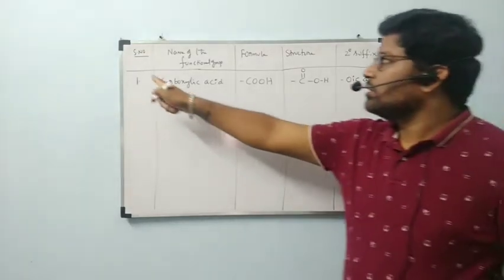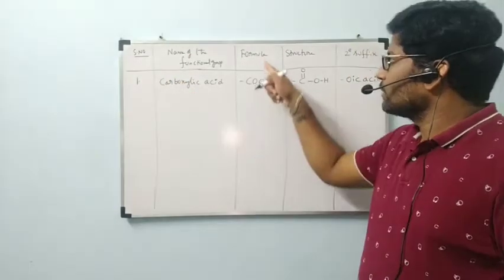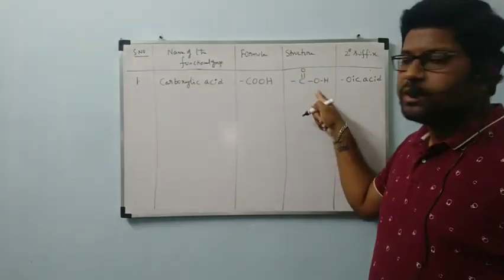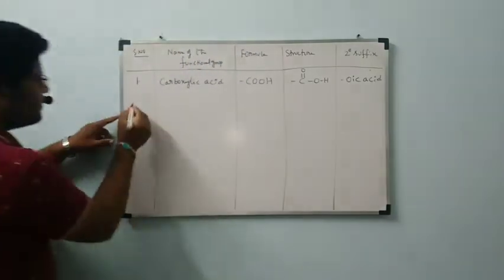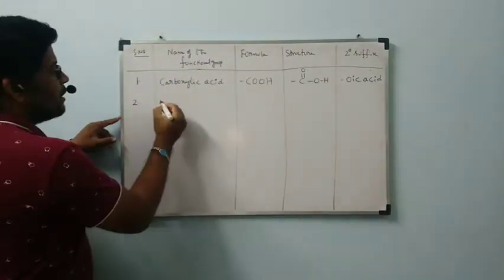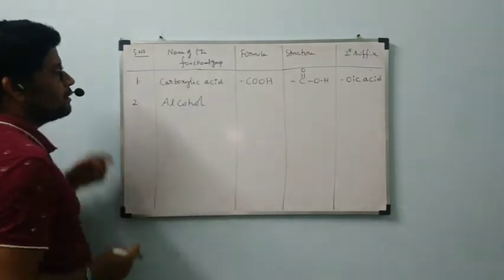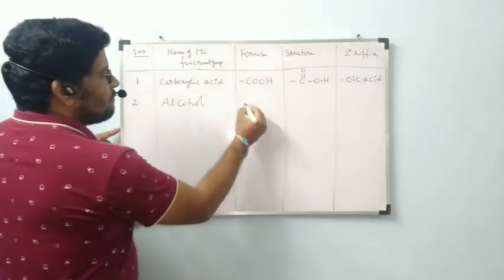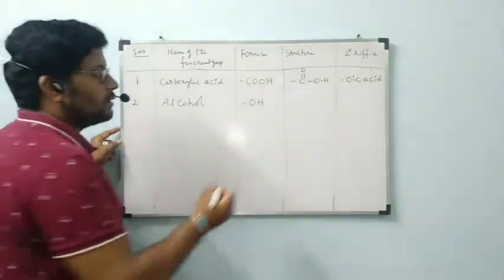See, first serial number 1, name of the functional group, carboxylic acid. Formula, COOH. Structure, C double bond O, OH. Secondary suffix, oic acid. Next, second one, alcohol. Formula, OH.